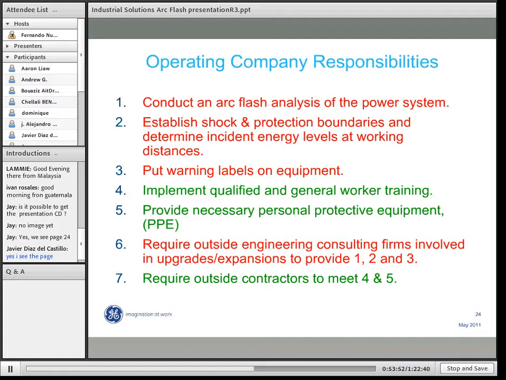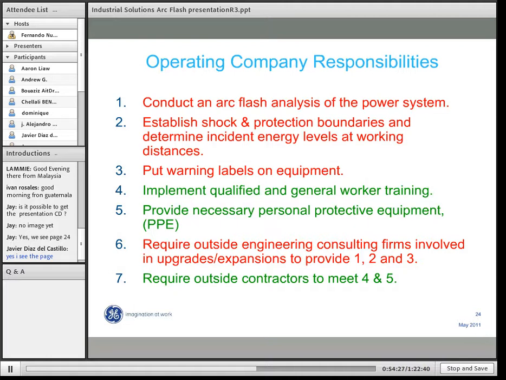These three steps they usually do by hiring an outside consultant rather than doing it themselves. A consulting firm performs power system studies such as short circuit studies, coordination studies, load flow studies, and so forth. Most of them also do arc flash studies as well. They will analyze the system and print up warning labels and put them on.